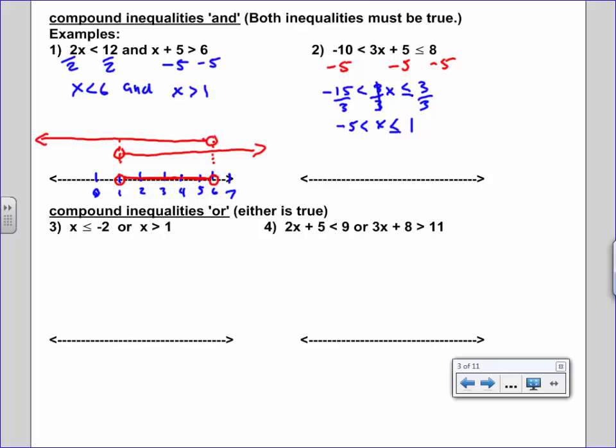So what this is saying is x is in between negative 5 and 1. Again, we could write this as two separate inequalities, but this is kind of nice. If you think about that, well, x is between negative 5 and 1.